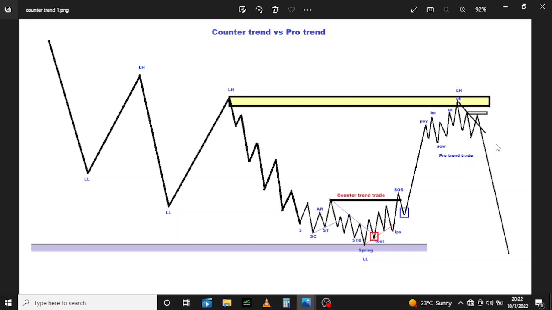Remember, even if we are trading counter trend, we need confirmation, and the accumulation. Like I explained in my previous video, it's more of an advanced structural manipulation.